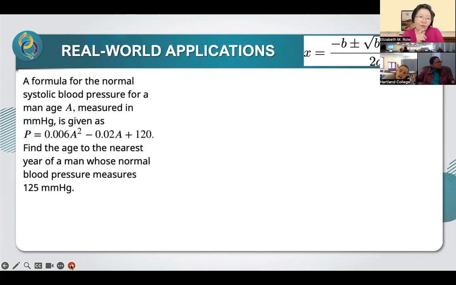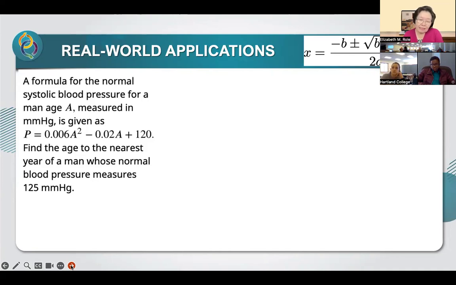So we want to transform this into a quadratic equation. We are now saying the blood pressure of that person is 125 mmHg, so we want to know the age of that person. There's actually a range, but we'll just use one age.